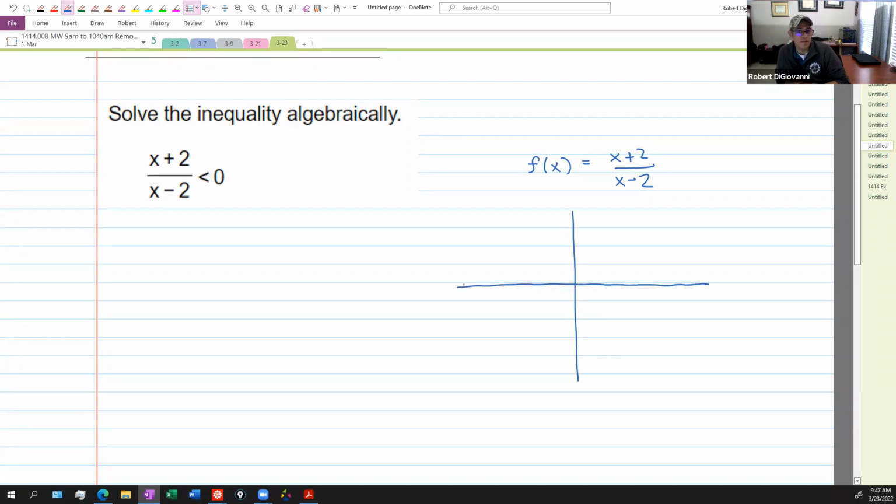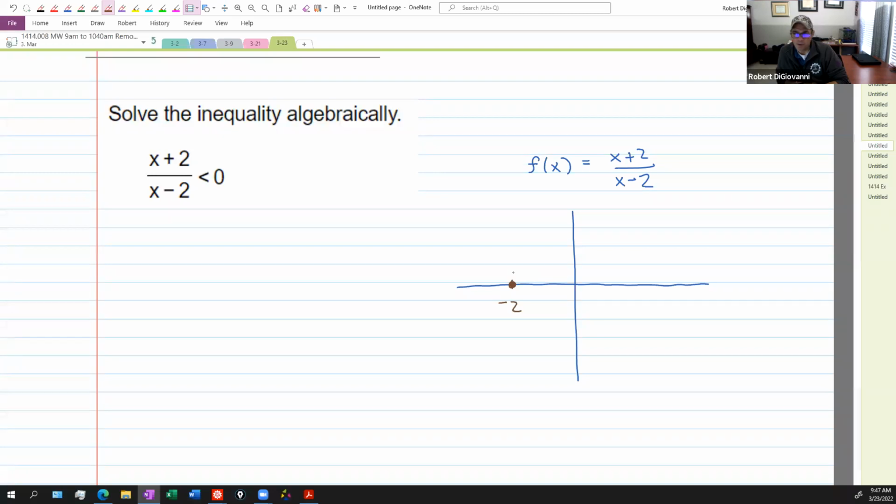What's the x-intercept of this function? How do you find the x-intercepts of a rational function? Would it be -2? You set the top equal to 0, right? So I already know that at -2, I have an x-intercept.